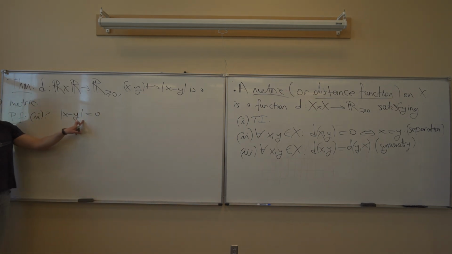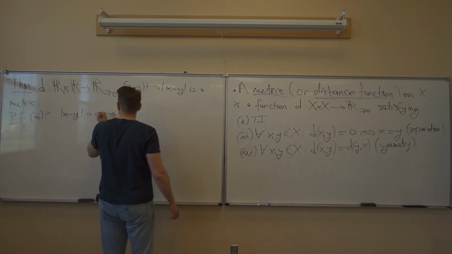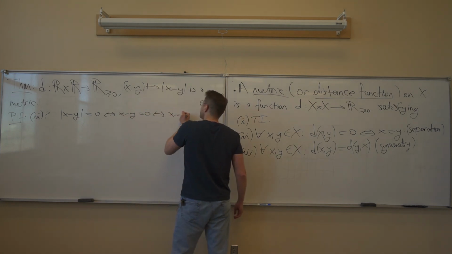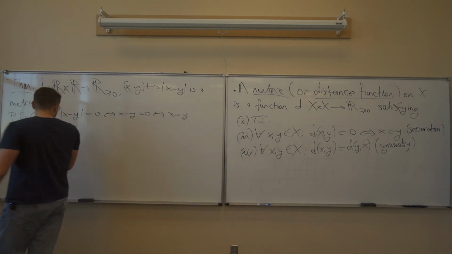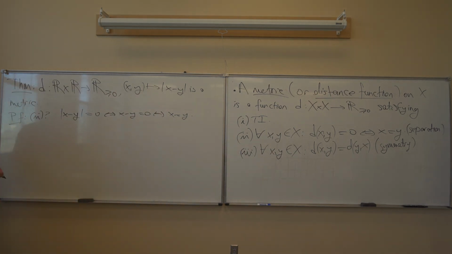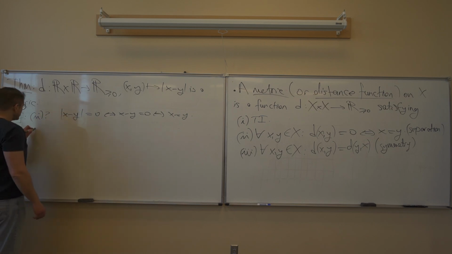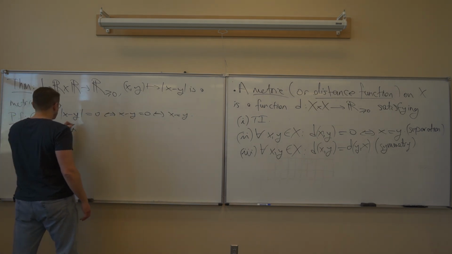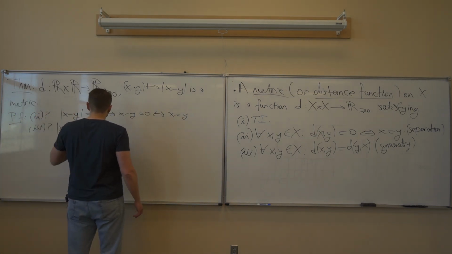Well, I know that the absolute value takes the value 0 only when the input is 0, which means that x minus y has to be 0, which means that x has to be equal to y. Okay, this is this. Third, well, of course, it doesn't matter in which order I write these, right? Because I'm going to take the absolute value. Well, x minus y, of course, is the same thing as y minus x.